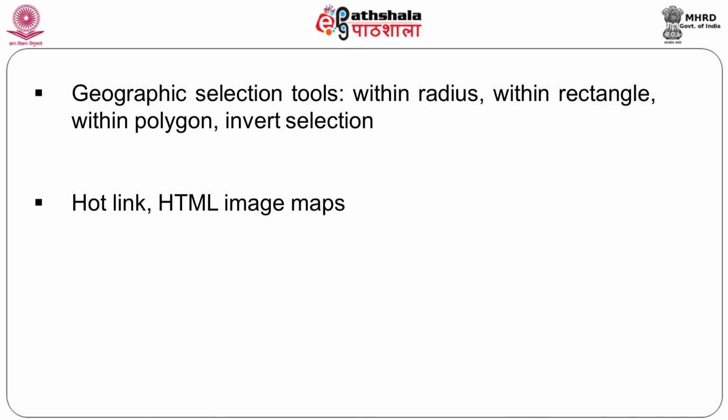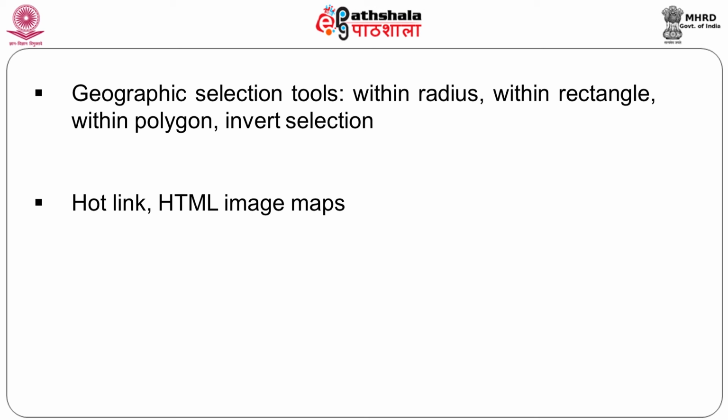Well, coming to that, what are the tools which will help us in identifying and working within GIS? We have tools such as within a given radius: if you want to find out, use that tool, pull it and define a radius of 1 kilometer, 2 kilometers, and we can get the data. Or within a rectangle area, you can get the details. Or within a polygon, which need not necessarily be a regular object.